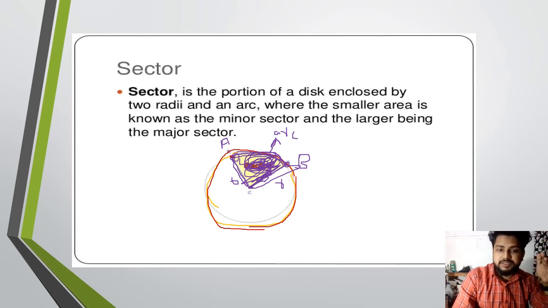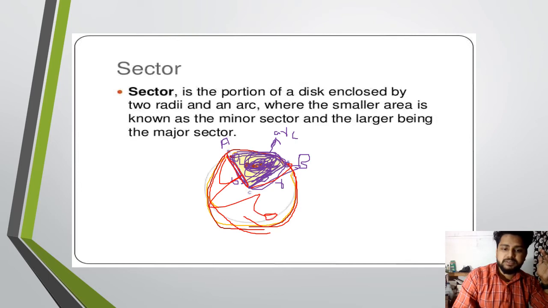So this one is the minor sector, the small one. Besides this small sector, there is another sector, running from here to here, and if we join this arc and measure this area, this one is known as the major sector. This one is the minor, this one is the major sector.